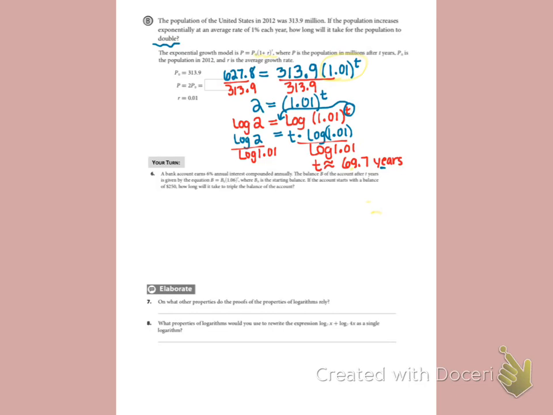And so this wanted to know how long after the year 2012. So if we rounded that up to 70 years and added that to 2012, we'd have the year 2082. So I guess we'll have to wait till then to find out if the population doubled by then.